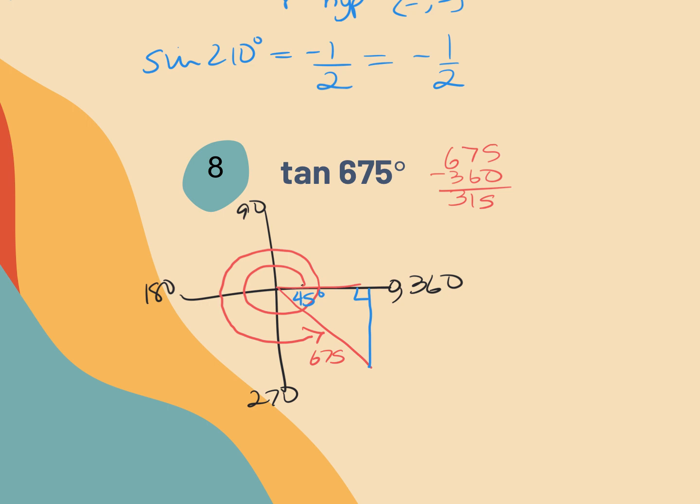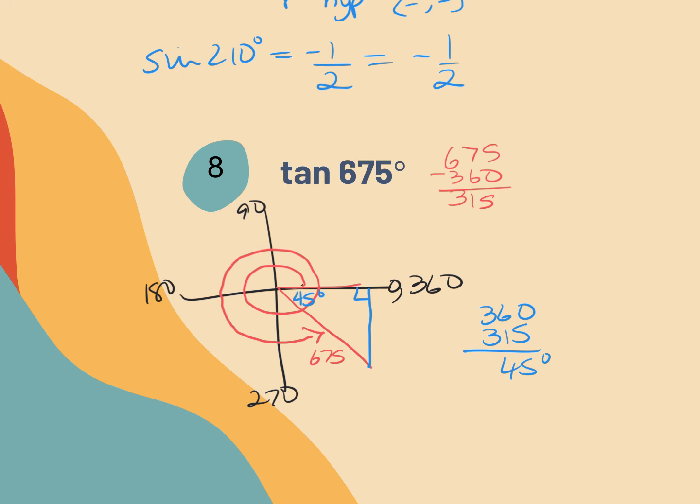And if it helps you, remember in quadrant 4 where your angle ended up, you can also take 360 subtract the angle 315, so 45 degrees. So now I'm going to label my sides.